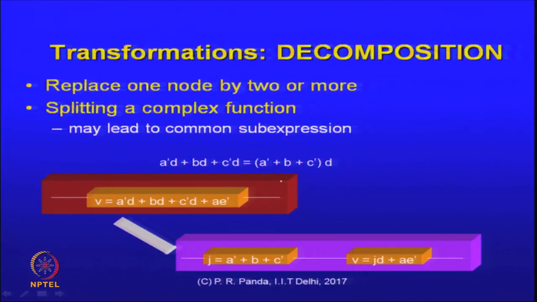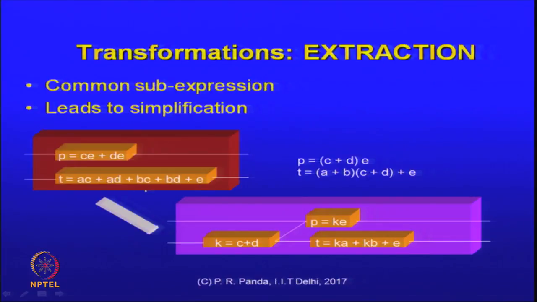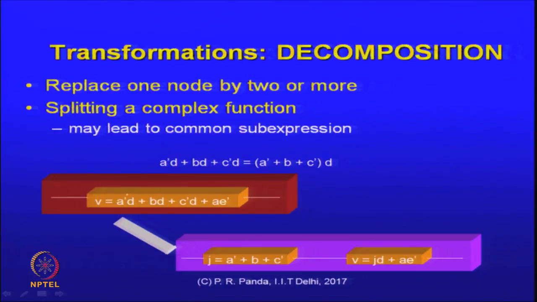So, splitting a complex function, why would you split it? It may lead to the identification later on of common sub-expressions between this node and some other node. I have an expression like this. Part of this we can see that there is a factorization possibility. Factorization is good in multi-level logic because it reduces the number of literals, of course.